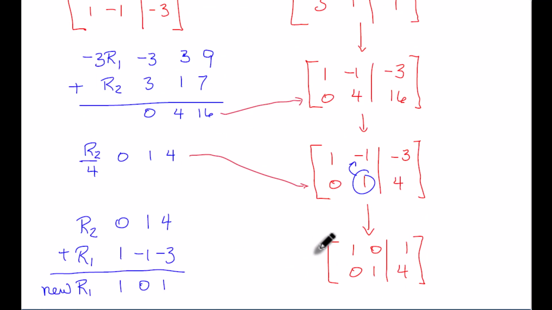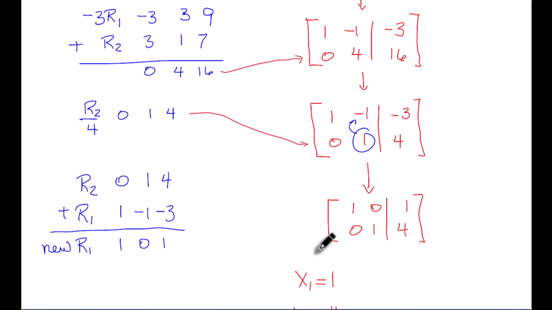All right, at that point, let's see, I've got a 1, a 0, a 1. I want to use that 1 to make the thing above it 0. But I don't have to do anything here because when I just add them up, I get 0.